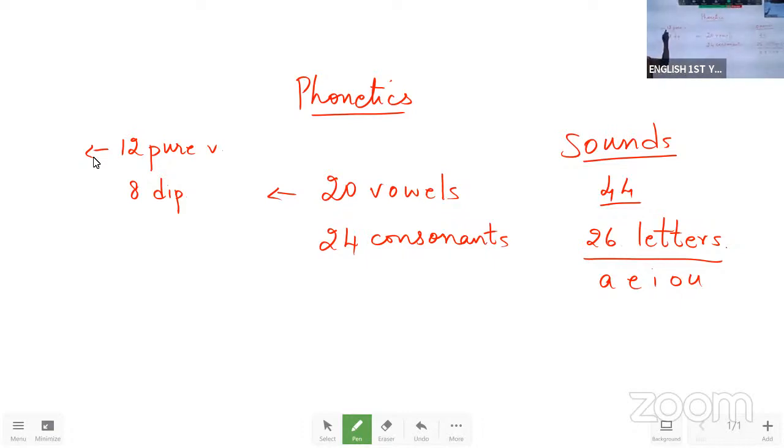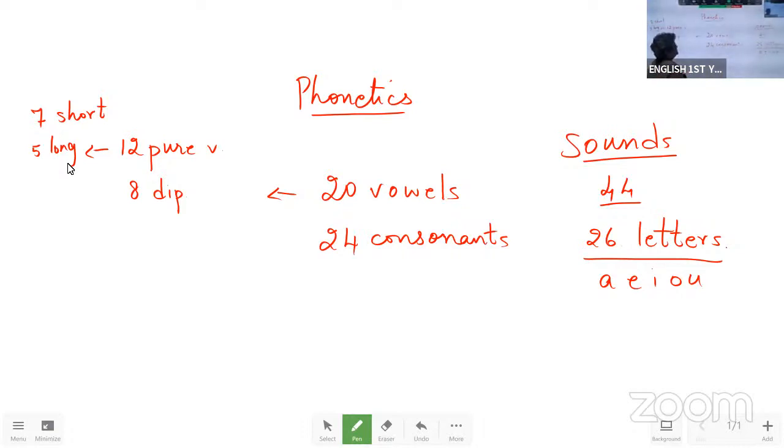And out of these pure vowels, you have the 7 short and 5 long vowels. Just now I explained to you what short vowel and what long vowel is. E, E. The short and the long. So we have 7 short and 5 long, total 12 pure vowels, while 8 are diphthongs.